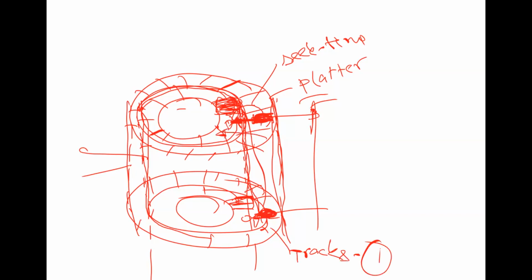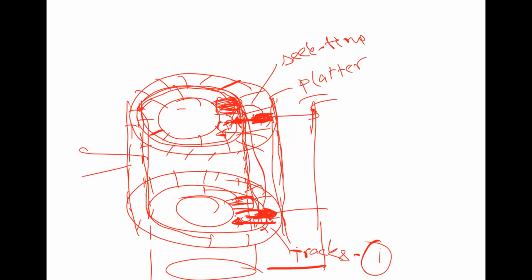All read-write heads of each platter will move from track number 1 to track number 0, though only one head will perform the read-write. But all heads should move, so this is nothing but a cylinder movement.